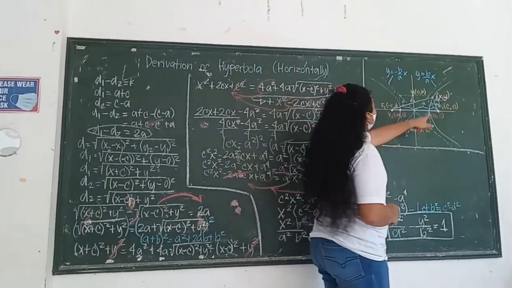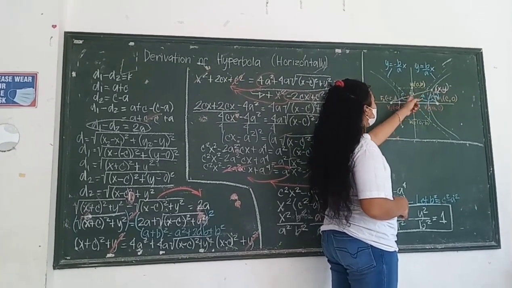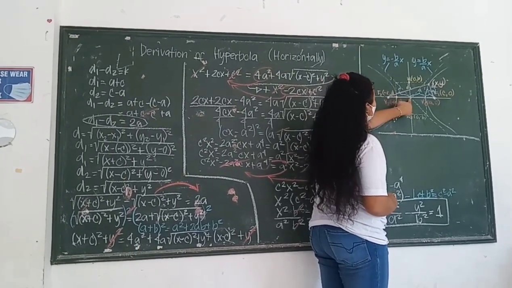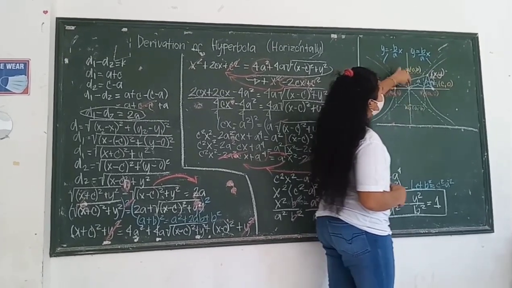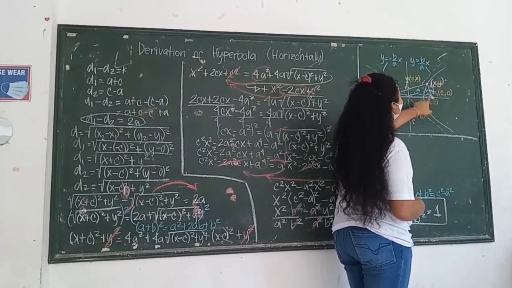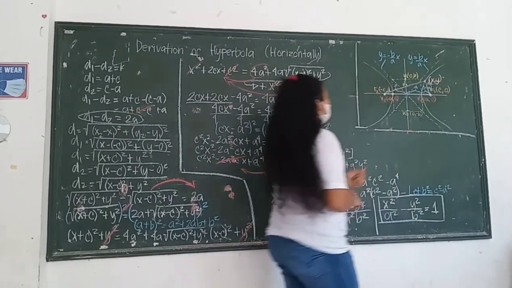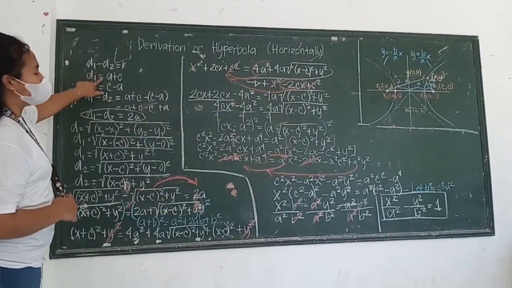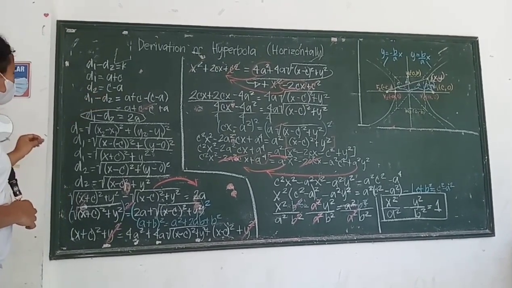Distance 1 is c plus a, because from the focus to the origin is letter c, and from the origin to this point is letter a. This point to this point is c minus a. So distance 1 is a plus c, and distance 2 is c minus a.